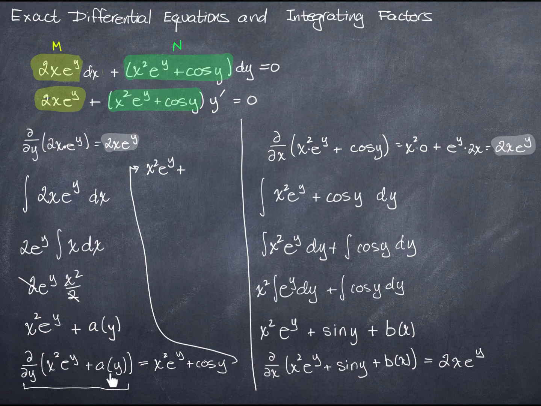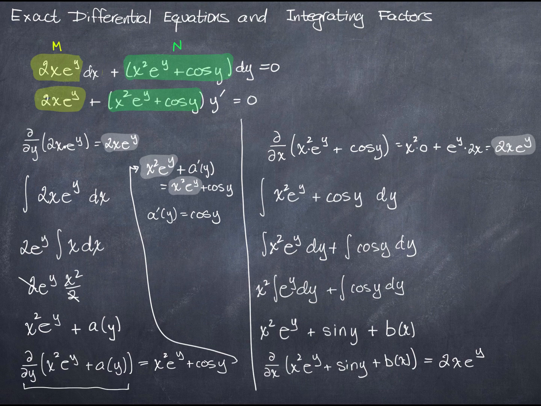Well, I don't know what it is, so I can't really differentiate it, but I can write it as a prime of y. And that is equal to x squared e to the y plus the cosine of y. And note that I have x squared e to the y plus stuff equals x squared e to the y plus stuff. So term by term, if these are to be equal, then a prime of y must be equal to the cosine of y.